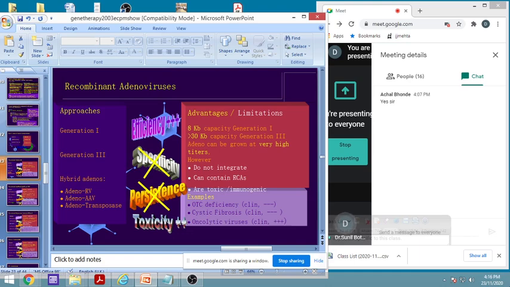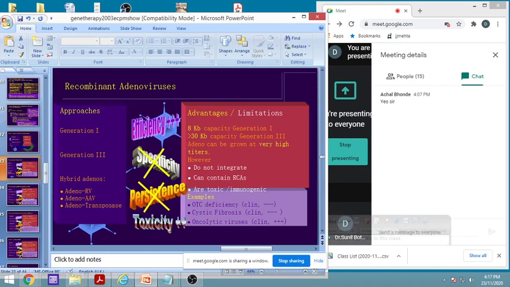Recombinant means where the adenovirus DNA is combined with another DNA, we call them recombinant adenoviruses. There are various approaches to it: generation 1 approach, generation 3 approach, then hybrid adenoviruses, adeno-retroviruses, adeno-associated viruses, adeno-transposons.